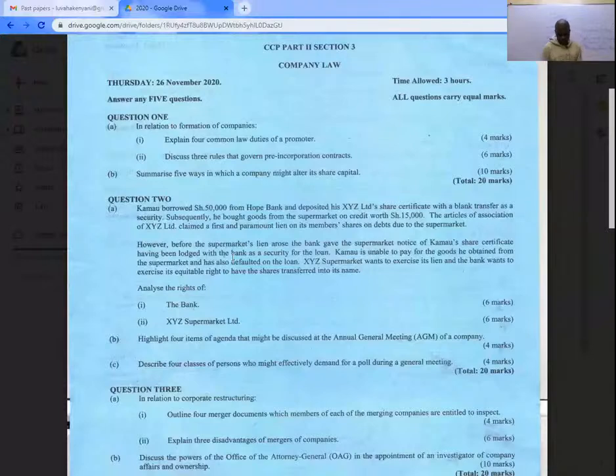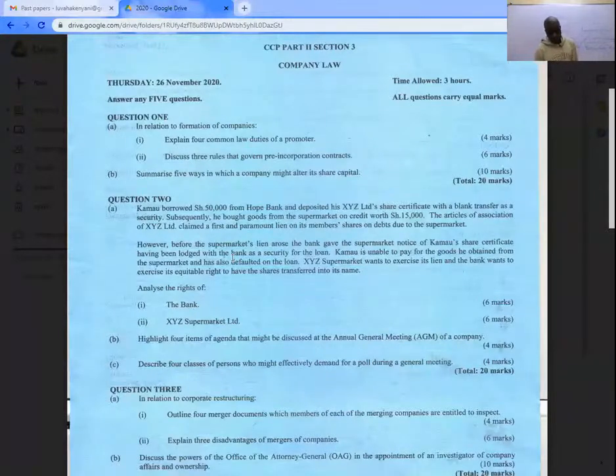until he pays off the loan to Hope Bank Limited.